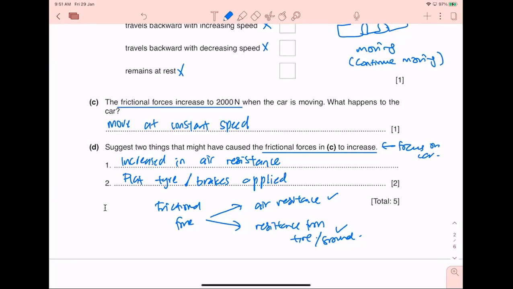If you give other examples like increased road resistance, where the road has extra pavement, a new or old road which has more resistance, you have to mention things that affect the car's motion, then it is acceptable.